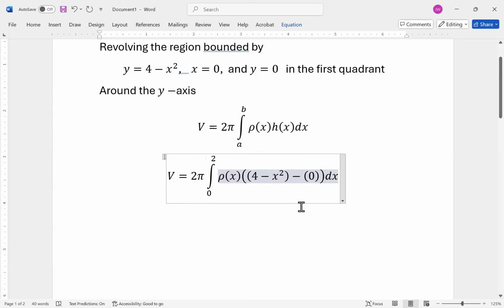The height of the cylinder, the height of the shell, is that. The tricky part is the radius. The radius is going to be different at every value between 0 and 2.